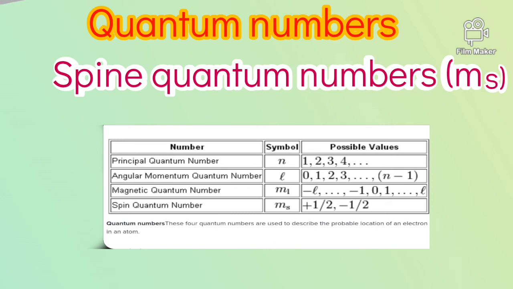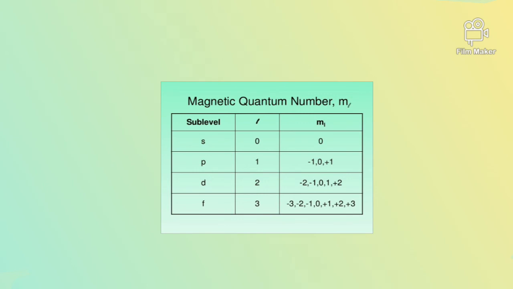Now the diagram shows how these 4 quantum numbers are obtained. If you consider the P subshell, it actually has 3 orbitals. That means 3 orbitals get minus 1, 0, plus 1. If we consider the D subshell, it has 5 orbitals.